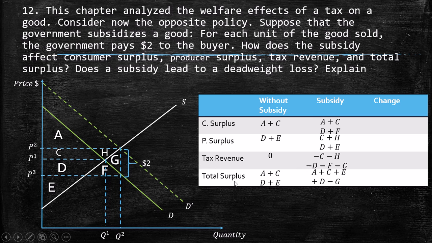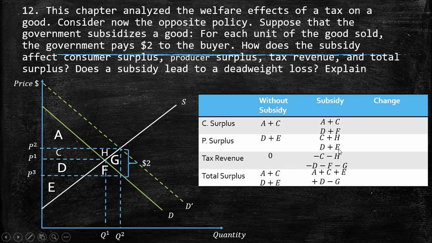So what is now the total surplus? You have to sum carefully. A is going to be here. C minus C cancels out, but plus C is still here.